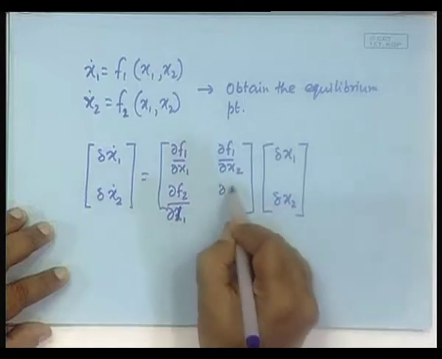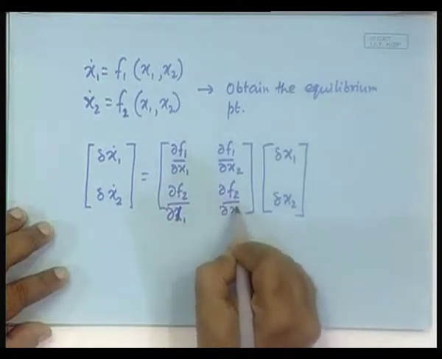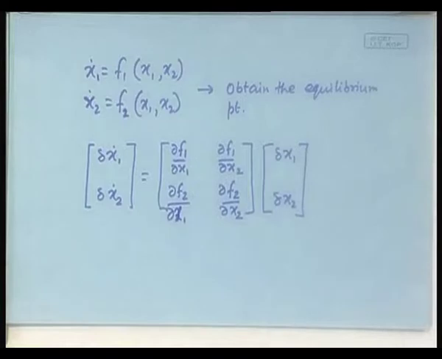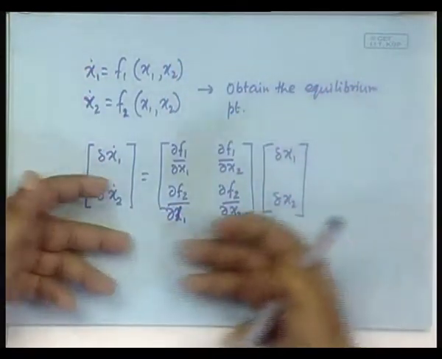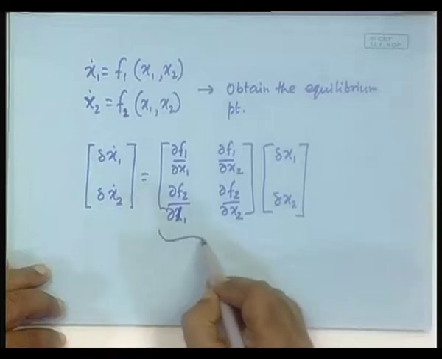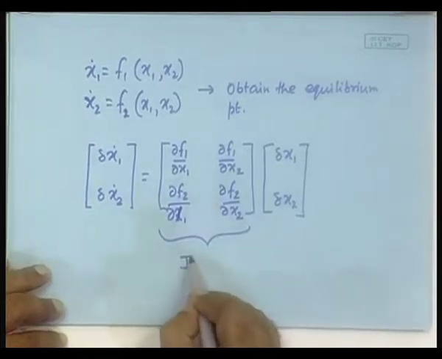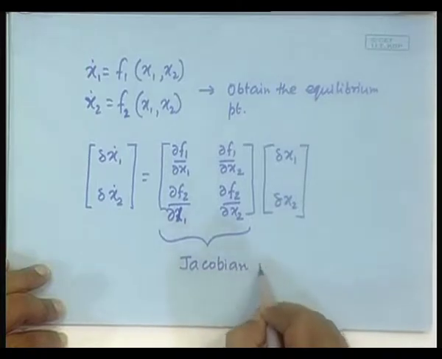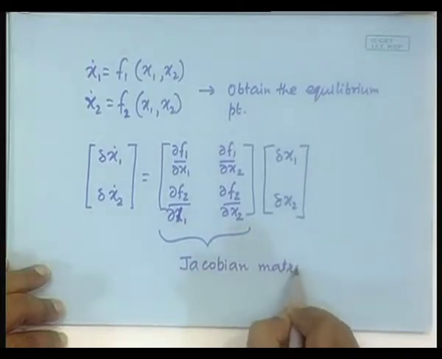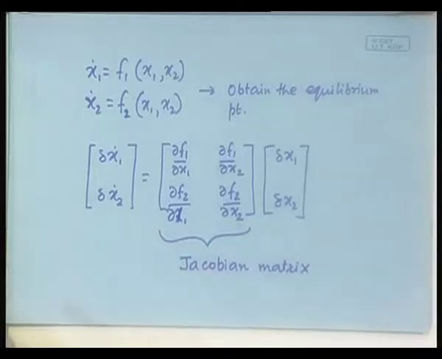Fine. So, starting from here you can locally linearize to obtain this equation, and this matrix is called the Jacobian matrix.